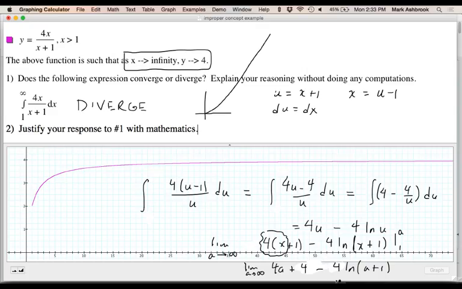And how do we do that? So we have infinity minus infinity, an indeterminate form. Can we get that into a form of a fraction, infinity over infinity? What do we do with that?